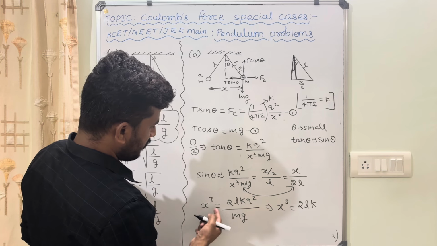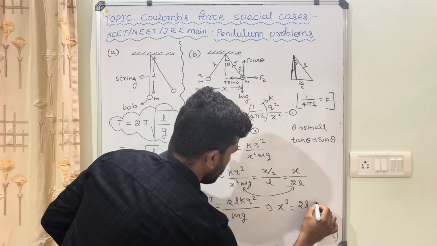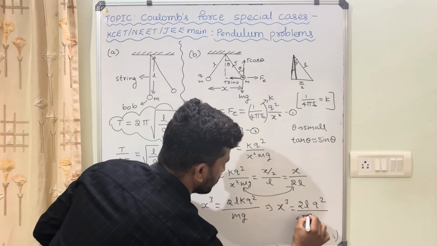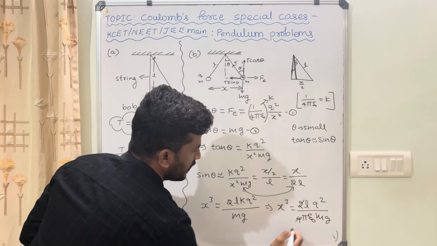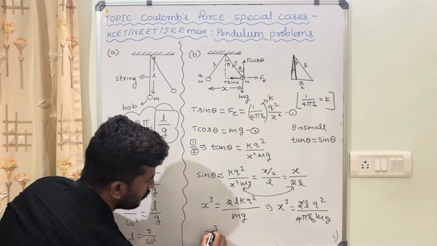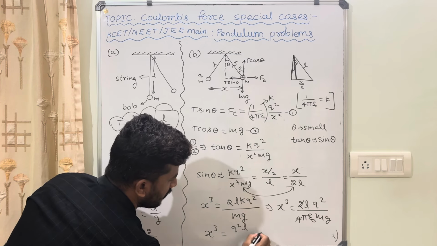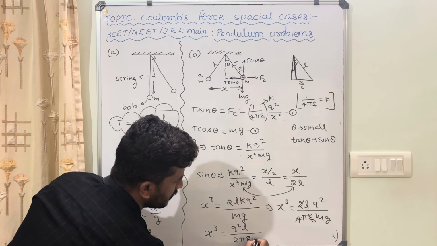So here x cube is equal to 2lk q square by mg. Let me substitute the value of k, which is 1 by 4 pi epsilon naught. The 2 and 4 get cancelled. So x cube is equal to q square l divided by 2 pi epsilon naught mg.